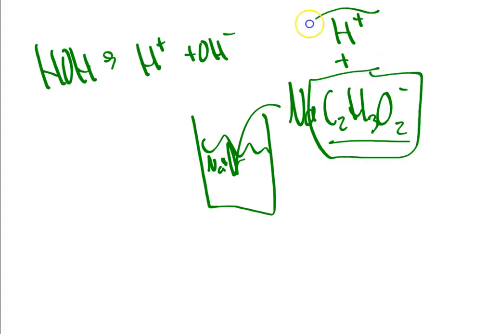This will find that H plus and cause its concentration now to go down because it will now be tied to an H. To an acetate.